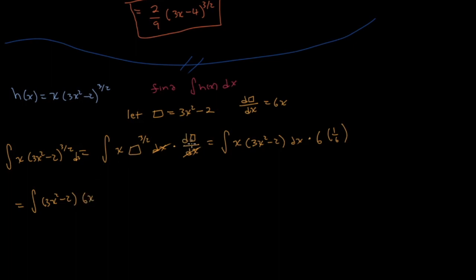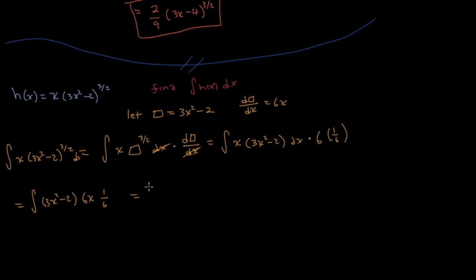We wanted this d box by dx, 6x, so we got it now, times 1 over 6. But as you can see here, this integrand, we want to make sure it's in this form. So we will simply take out this 1 over 6 and bring it outside the integral.